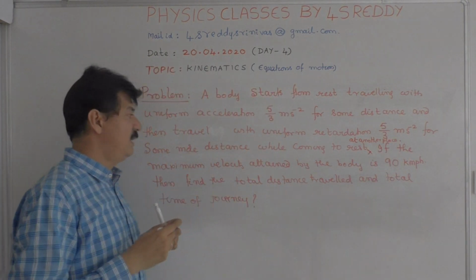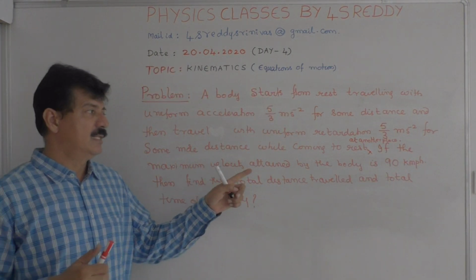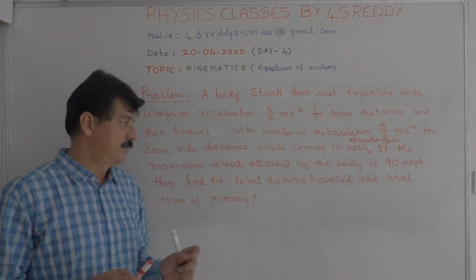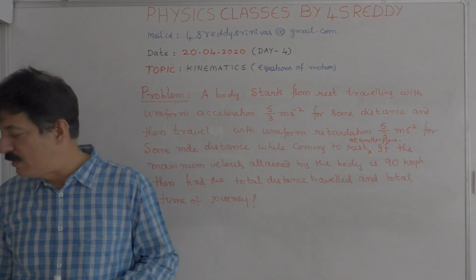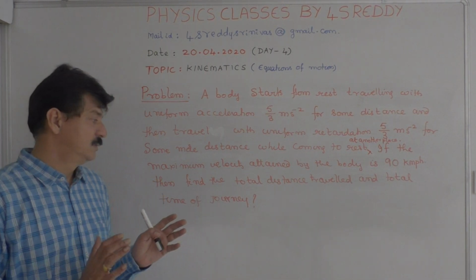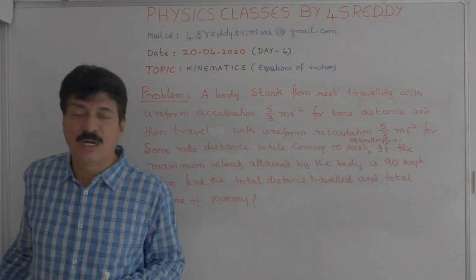If the maximum velocity attained by the body is 90 kmph, then find the total distance traveled and the total time of journey.